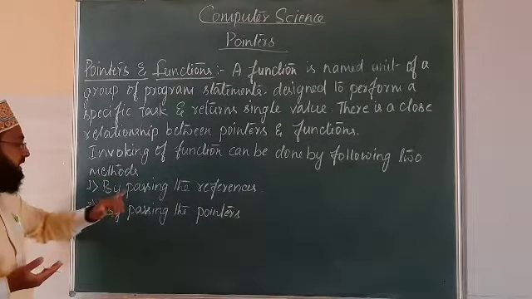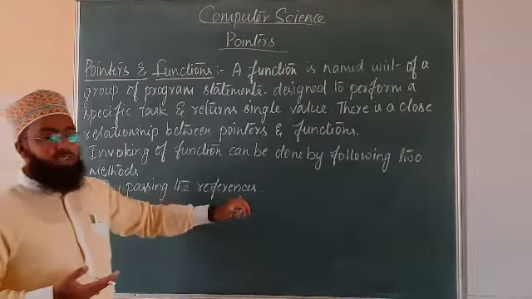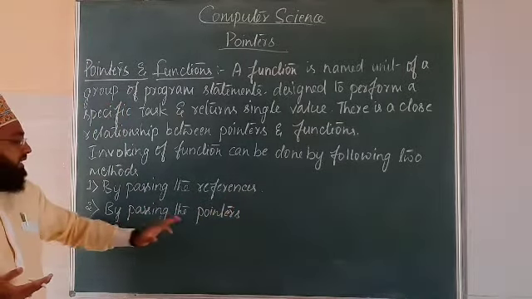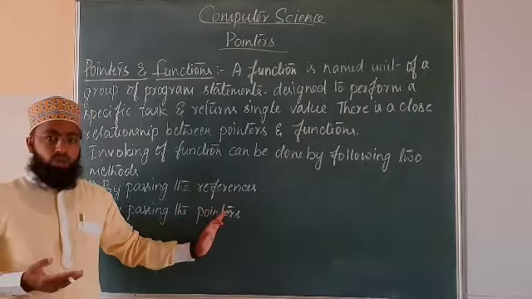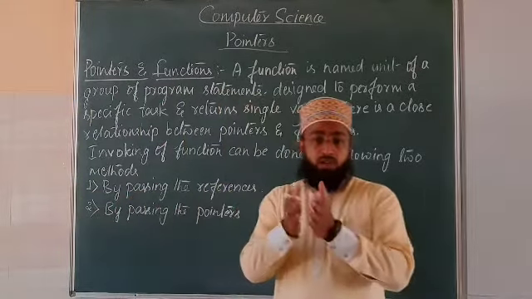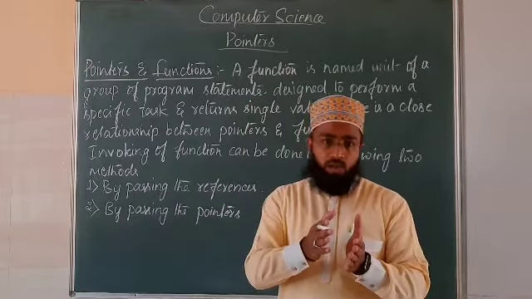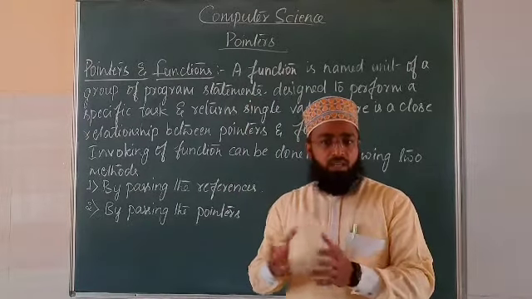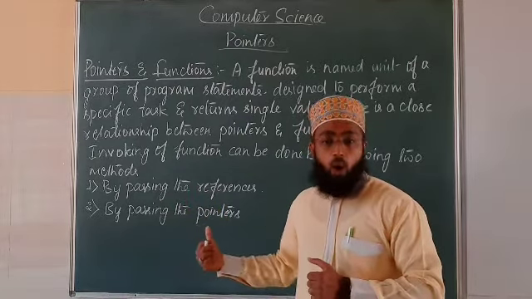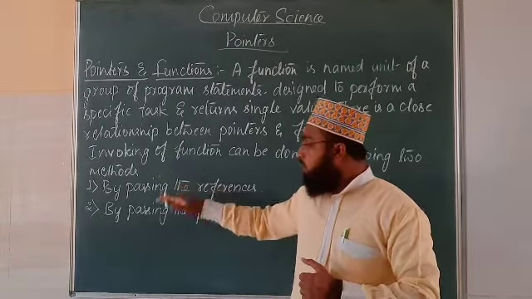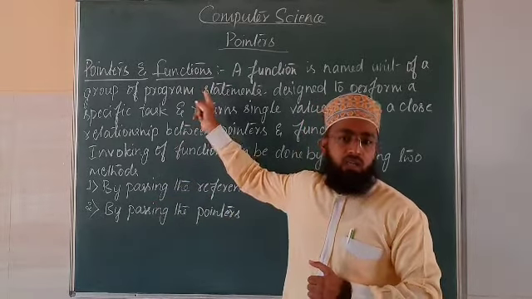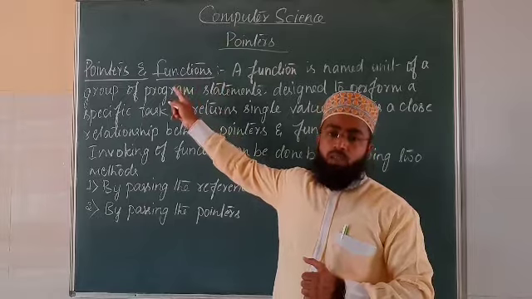The first method is by passing references, and the second method is by passing pointers. We have discussed call by reference and call by value. In the same way here, by passing references and by passing pointers. By following these two methods, the functions are related to the pointers.